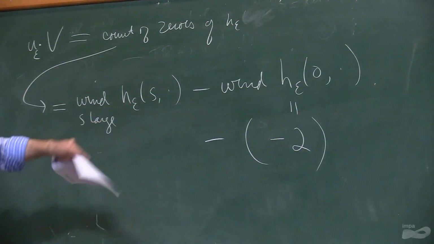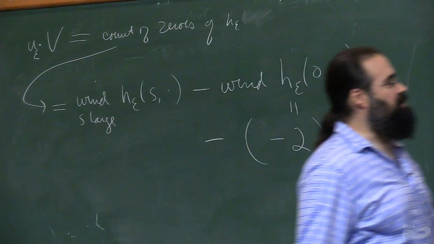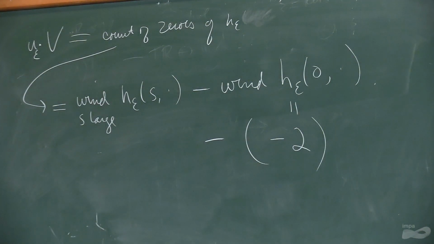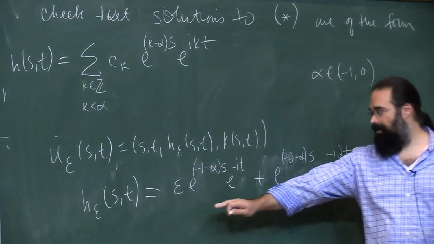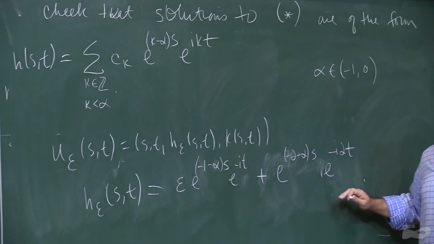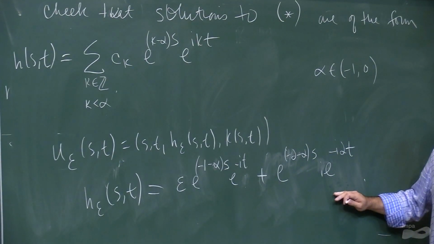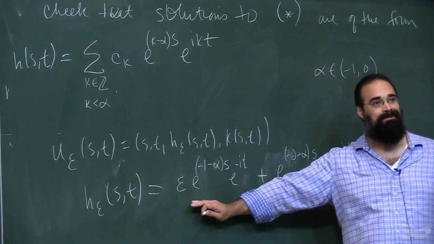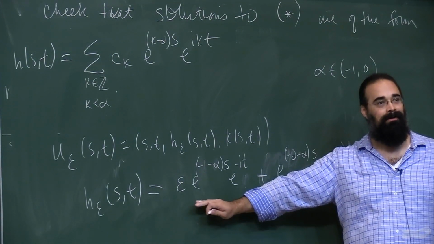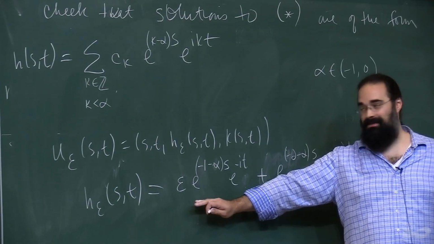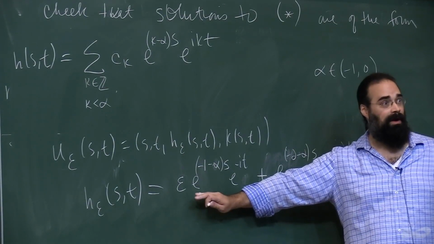What about here? So s large. For s large, regardless of how small we chose epsilon, this term will eventually dominate this term, because this term dies off that much quicker, provided epsilon's not 0. So if epsilon's small, the winding for s very large is just -1, the winding of that term.